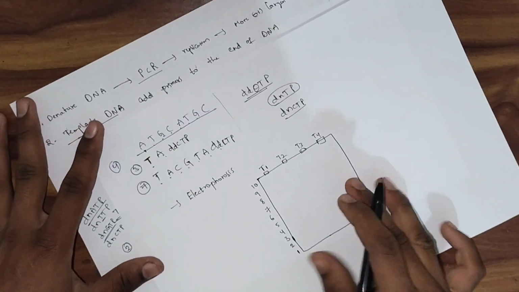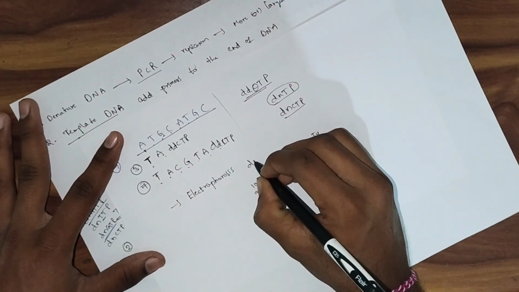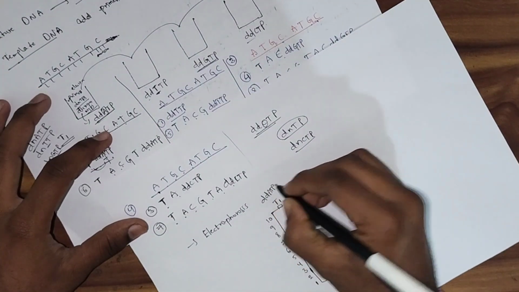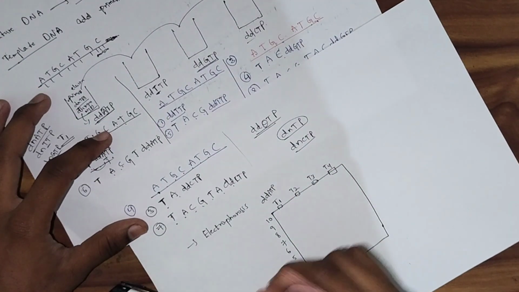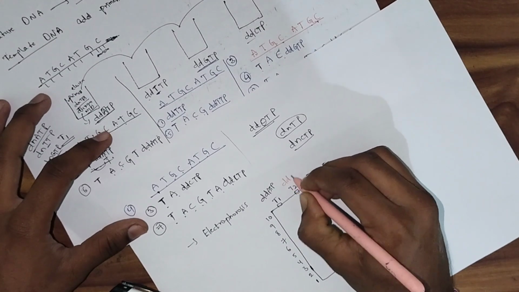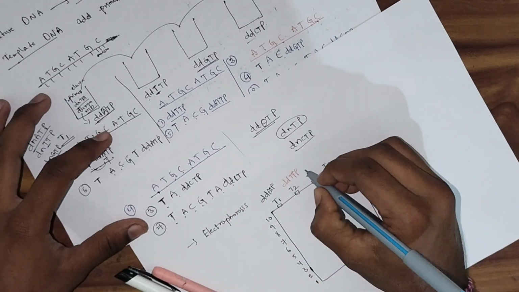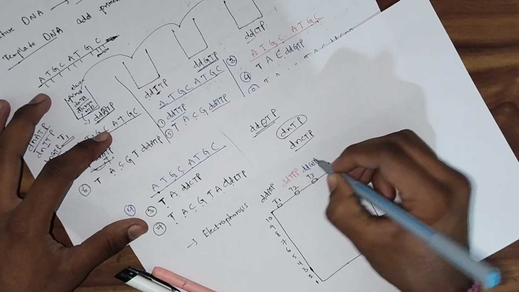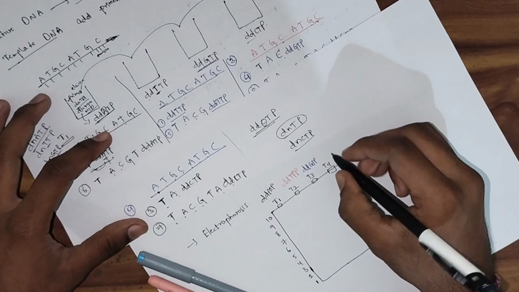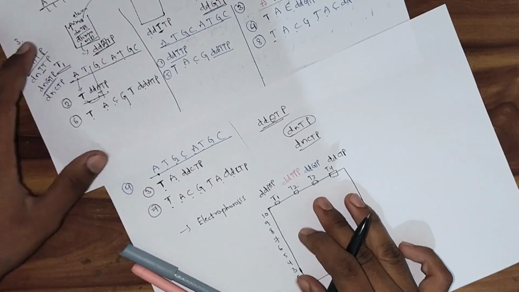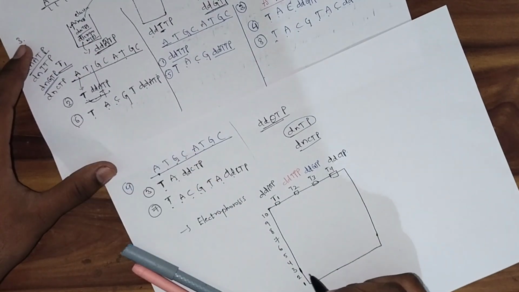Here what we had taken in tube 1 is dideoxy ATP. In tube 2, dideoxy TTP. In tube 3, dideoxy GTP. Tube 4, dideoxy CTP. We have to place these numbers here.